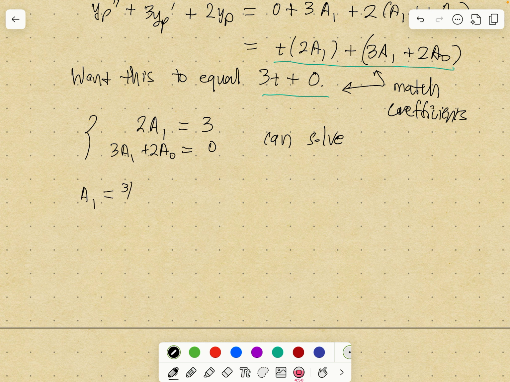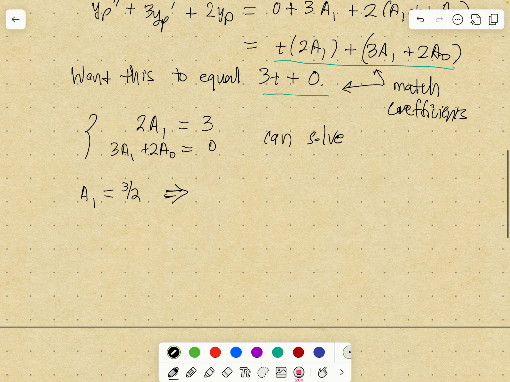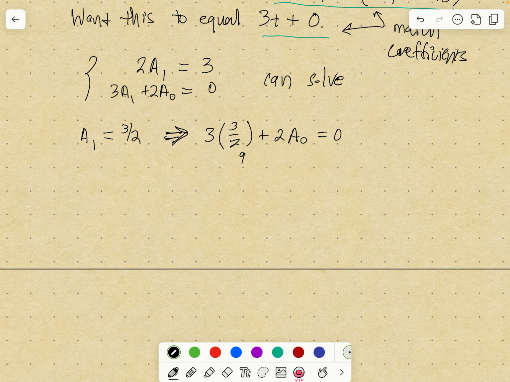The first equation tells us that a1 is 3 over 2. Then when you plug into the second equation, this symbol means implies, it implies that 3 times 3 over 2 plus 2 times a0 has to be 0. So that means you get 9 over 2 plus 2a0 is 0. You take away 9 over 2 from both sides, 2a0 is negative 9 over 2. Divide both sides by 2, you get negative 9 over 4 for a0.